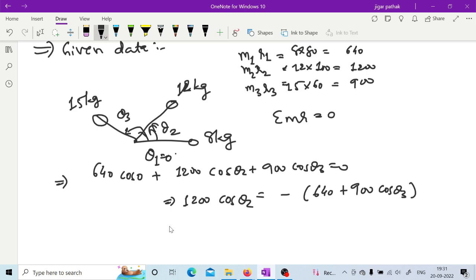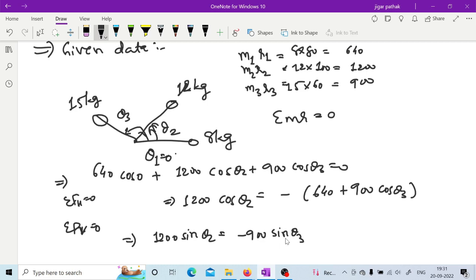So this is from sigma FH equal to 0. Similarly, if you go for sigma FV equal to 0, then you will end up with 1200 sin theta 2 equal to minus 900 sin theta 3. There will not be any component for 640 because 640 sin 0 will be 0.